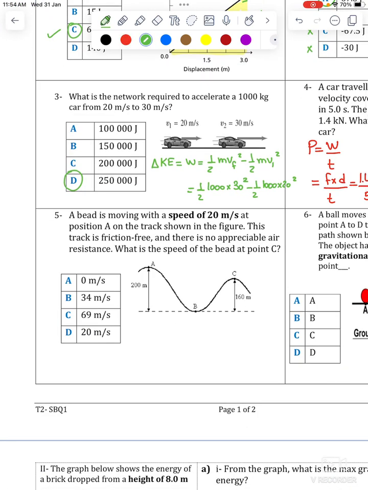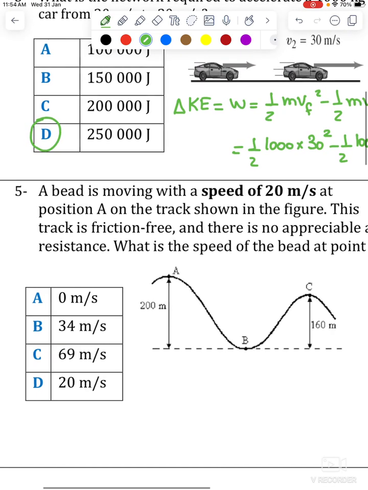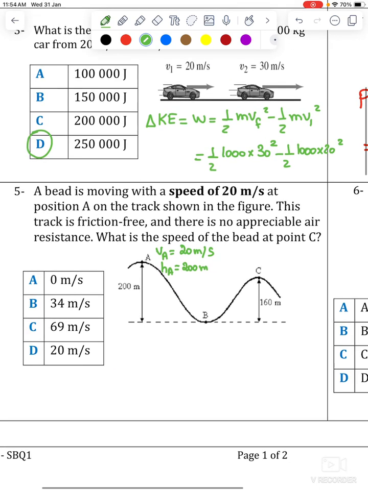Now a bead is moving at a speed of 20 meters per second at position A. So VA is 20, and the height of A is like 200 meters. I need to find the speed of the bead at the point C. Giving the height here 160, I don't know the velocity there.